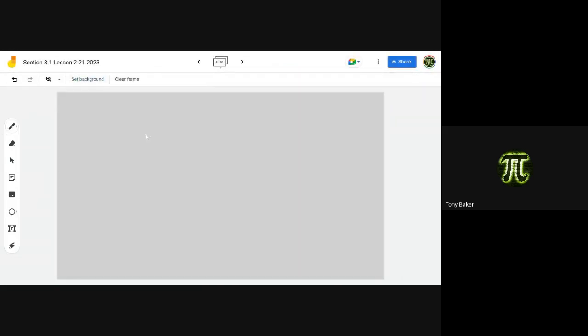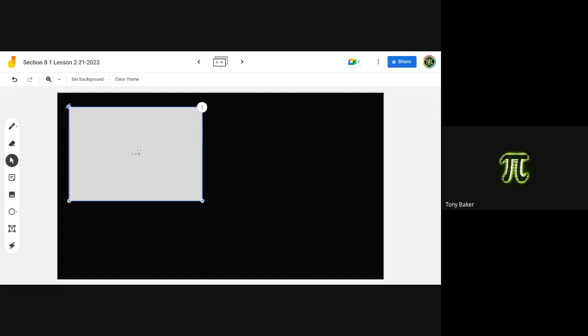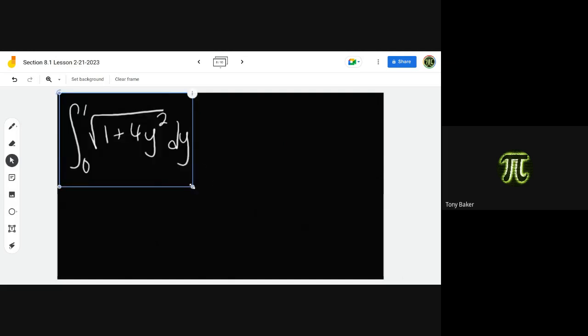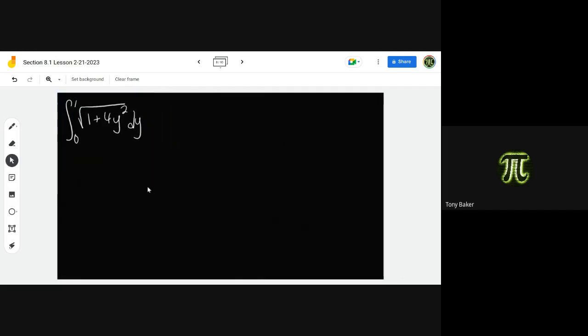If I look at u substitution, if I make u 1 plus 4y squared, I'm still going to have a y in there, right? I'm going to end up getting du equals 8y. And I don't have an extra y out there to pull it out. All right, so we can't do u substitution.